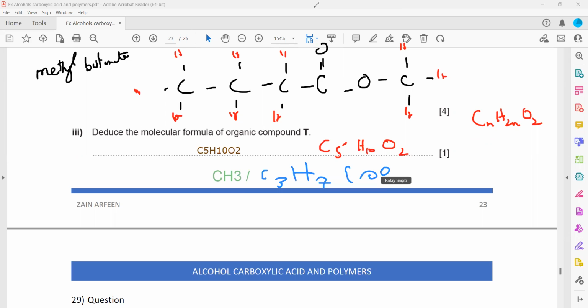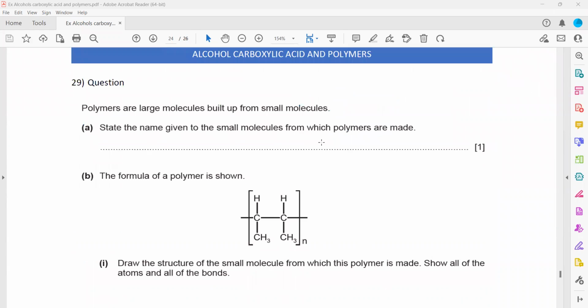We can also write this from the name and deduce the same molecular formula. There are different ways. If you find drawing a structure and counting the carbon atoms easy, you can use that. If you want to use the general formula, you can use that, or as mentioned, identify it from the alcohol and carboxylic acid.